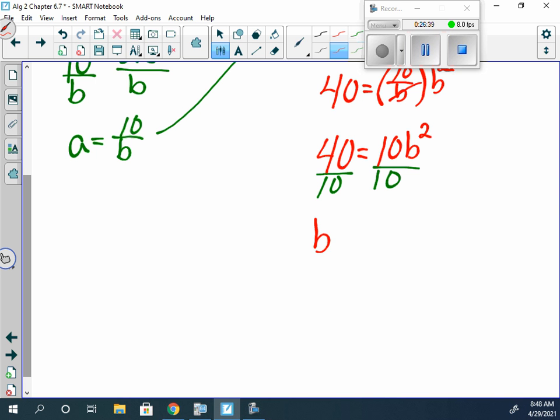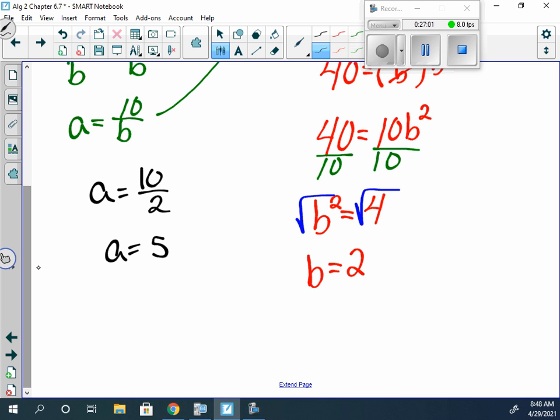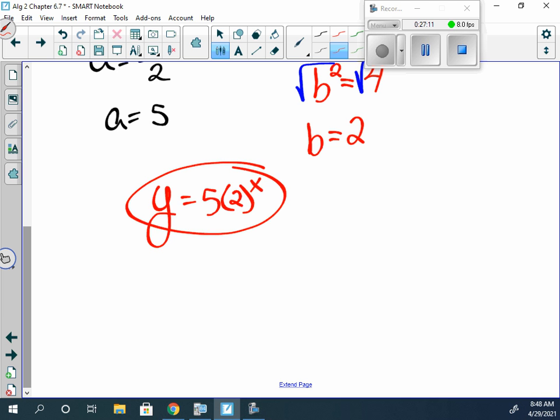Divide by 10, which tells us b squared is equal to 4. Square root both sides. So a is equal to 5, as we saw already, y is equal to 5 times 2 to the x.